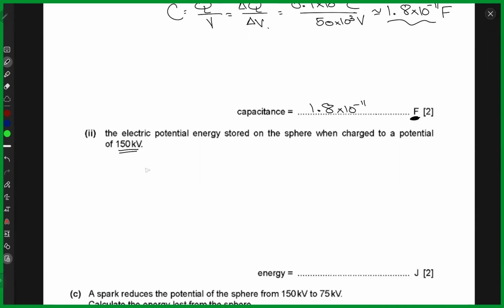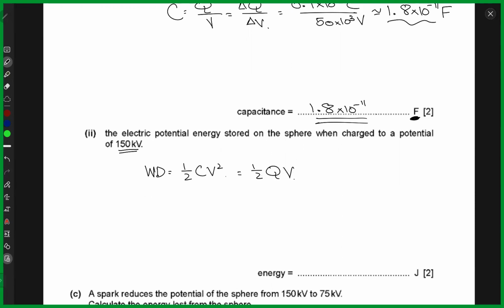If you remember, this energy stored is just the work done, which was half CV squared. And we know the capacitance as well, so we can use this. We could have also used that energy is half Q times V, because capacitance is Q by V. So this would mean the same thing.